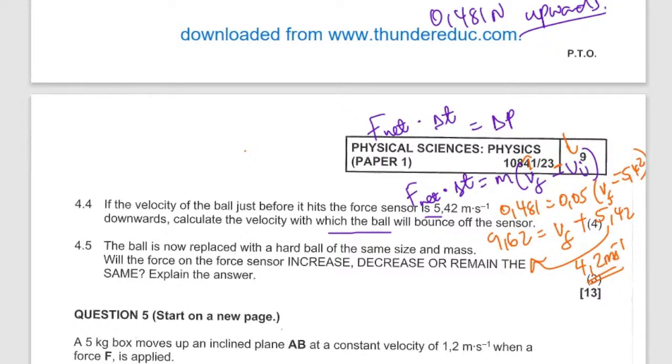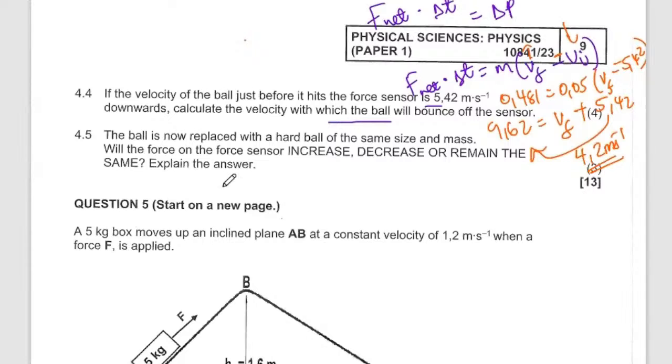Then 4.5: we've been told that the ball is now replaced with a hard ball. Remember, the previous one was a soft ball. A hard ball of the same size and mass. Will the force on the sensor increase, decrease, or remain the same? With a soft ball, we know that it will tend to take more time in contact with the sensor, whereas a hard ball takes less time.